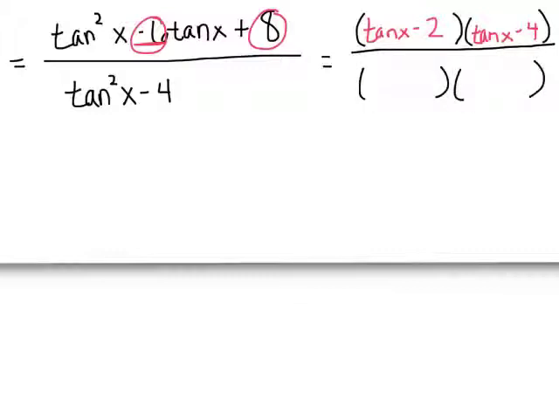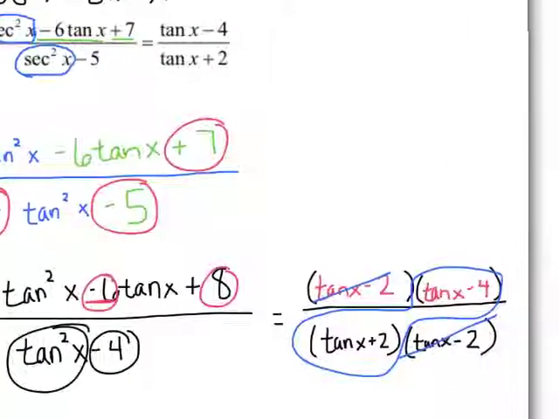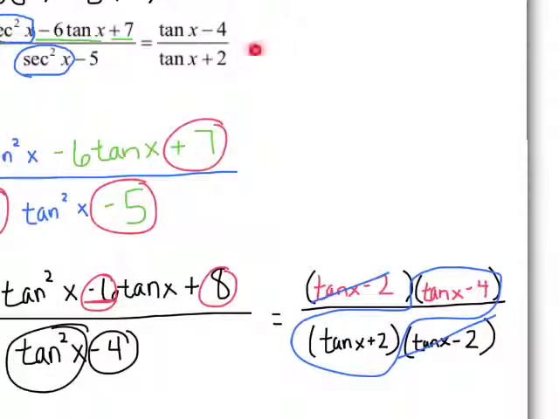This is a perfect square separated with a difference. So that's tangent x plus 2, separate with a plus, separate with a minus. And now I could officially cross off, and I end up with tangent x minus 4, which is where we want it to be. Oops.